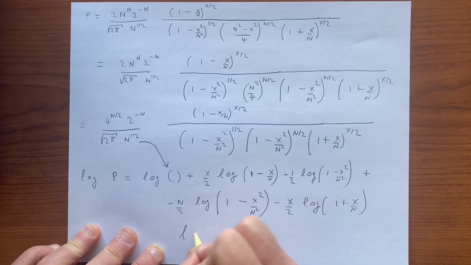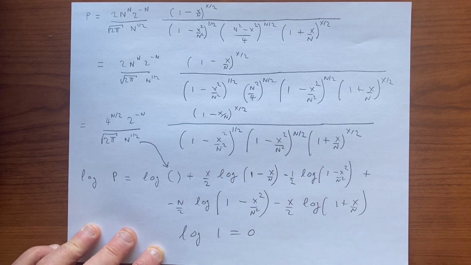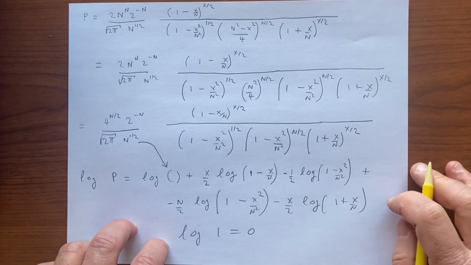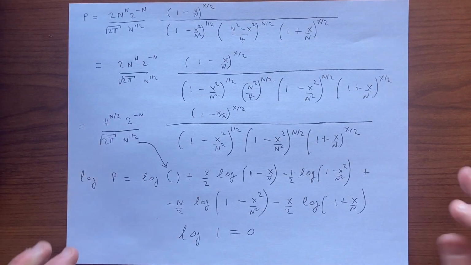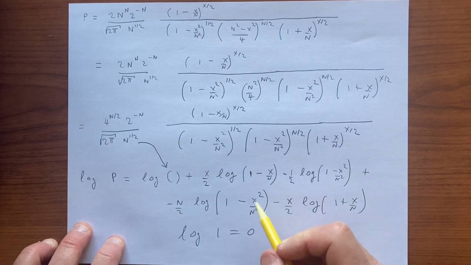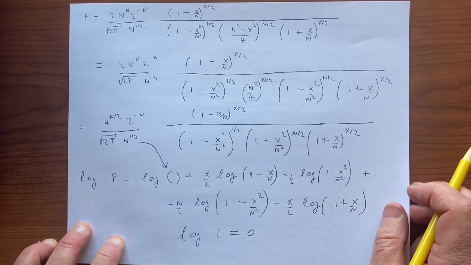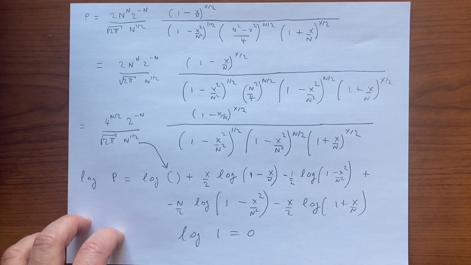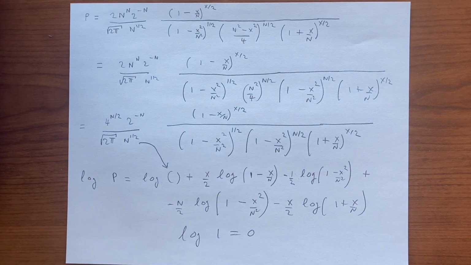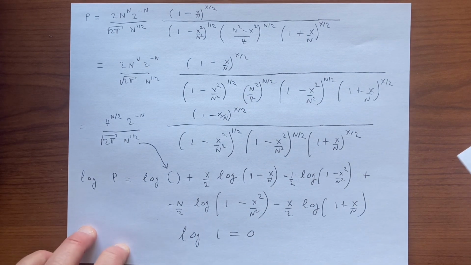Of course, the natural log of 1 is equal to 0, and x is small, so these terms are small. So these terms have log of 1 plus or minus something small.